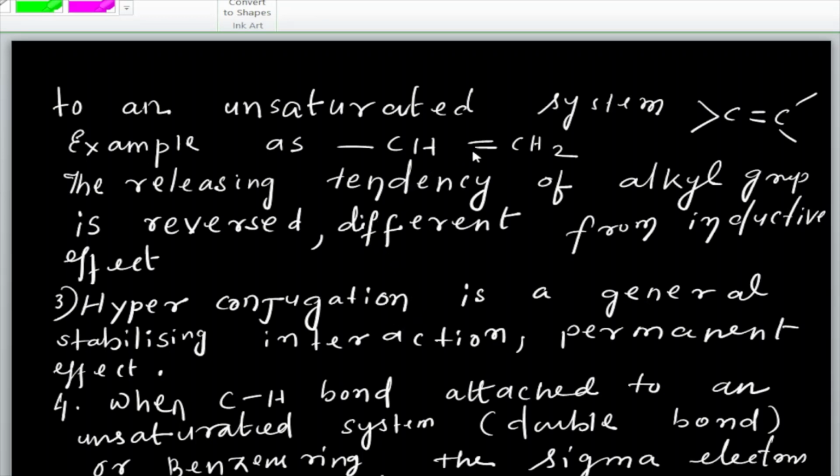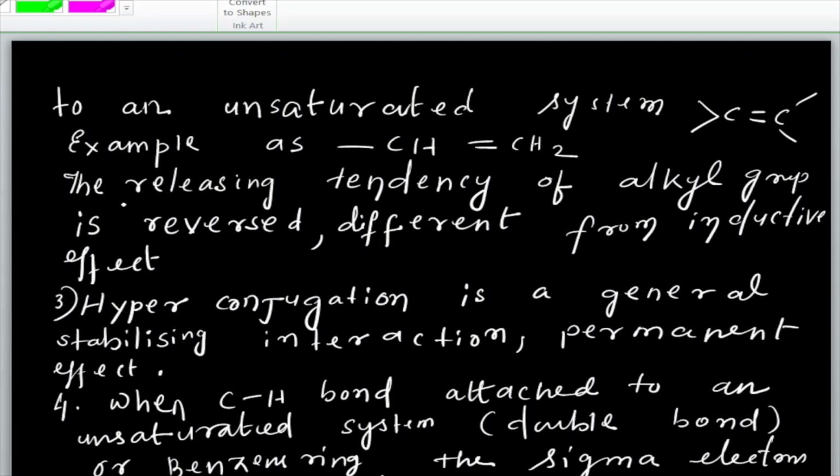See, here the double bond is there, and on this side an alkyl group is attached, either one alkyl group or two, three. It depends on the nature of the compound and the nature of the alkyl group present in the particular compound. That means here, what do you observe about the releasing tendency?